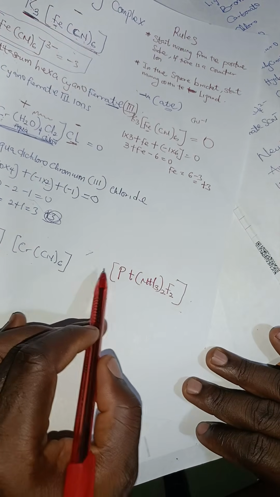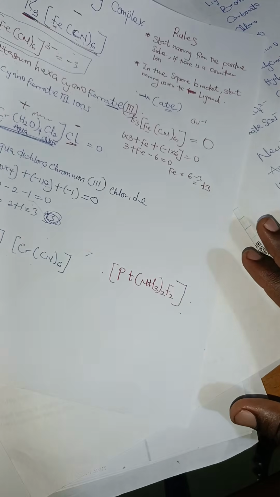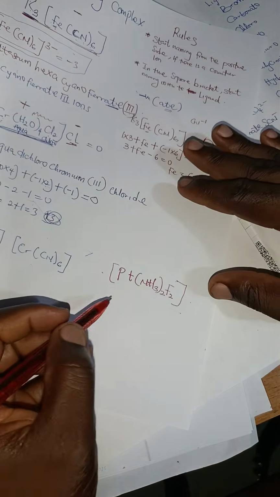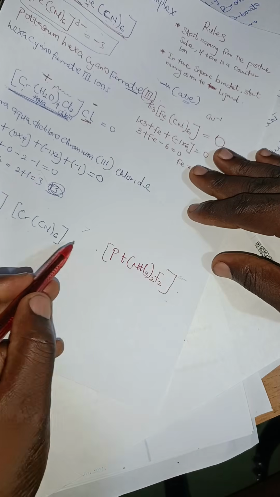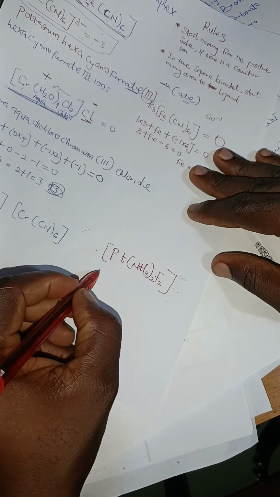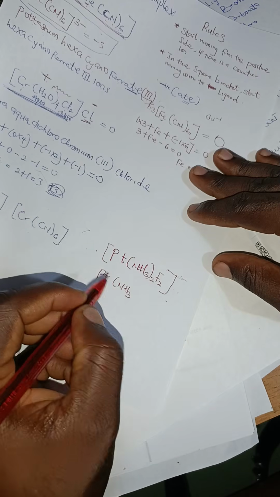Can you see that there's no counter ion? It is not positive, it is not negative, it is neutral. In most cases, since it has no positive or negative charge and there's no counter ion, you always see it without the square bracket. So you see it this way, so don't be confused.